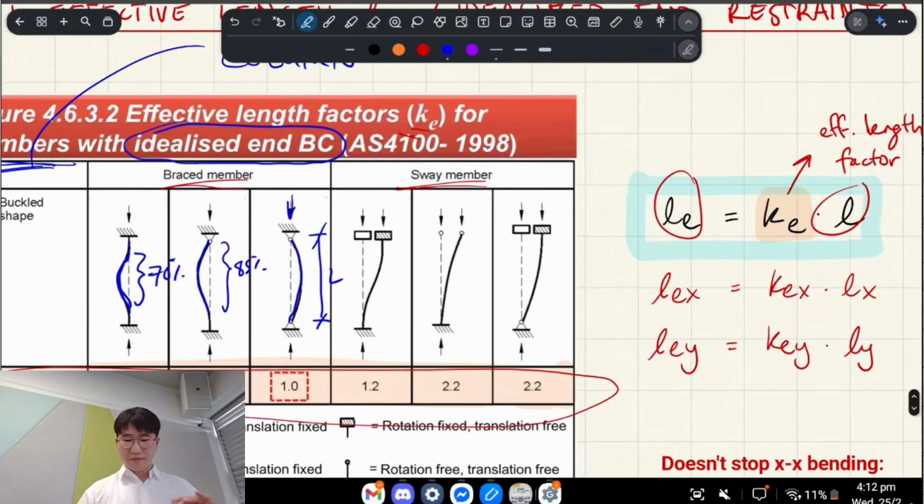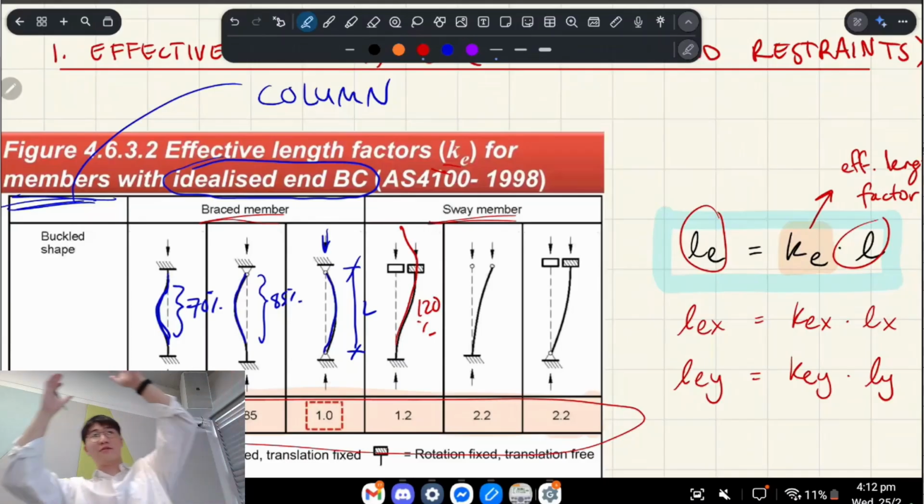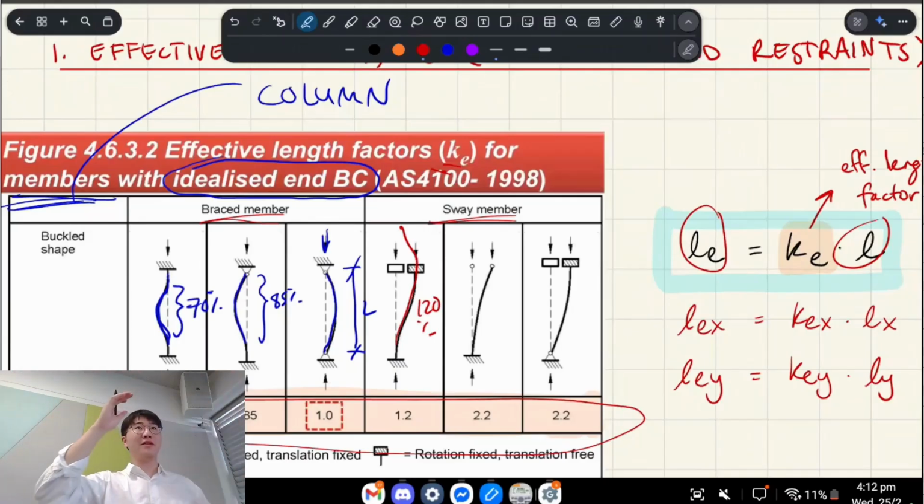So for sway member, it gets a bit harder to think about, but that C shape, so it's fixed at the bottom, right? That C shape's actually more like 120% of L, because nothing's stopping it from becoming more and more swayed, right?